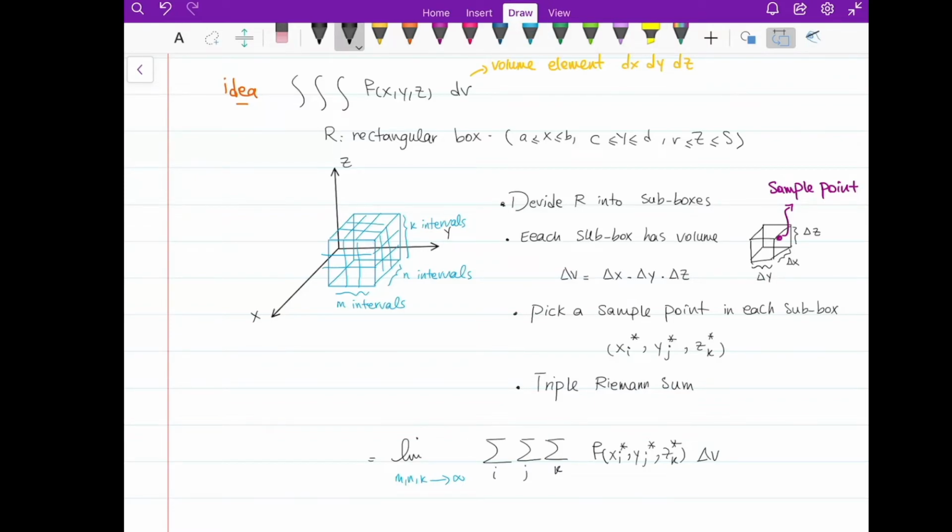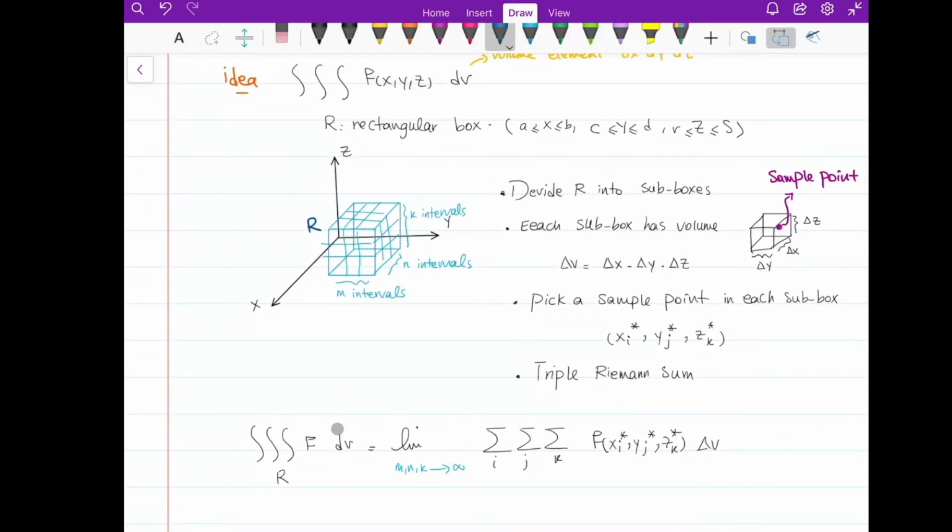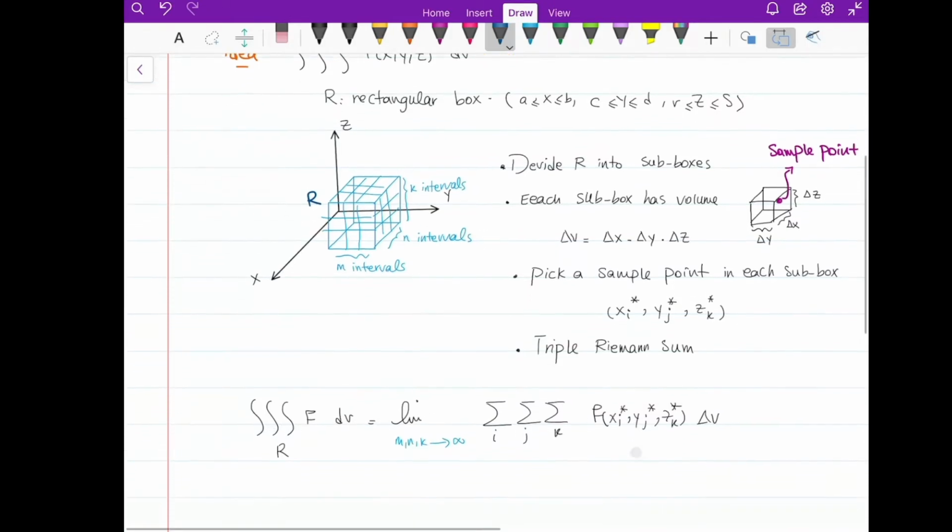And then I'm going to say that this is the triple integral of f dV over the region R. Okay, so that's how we define the triple integral of a function using the Riemann sum.